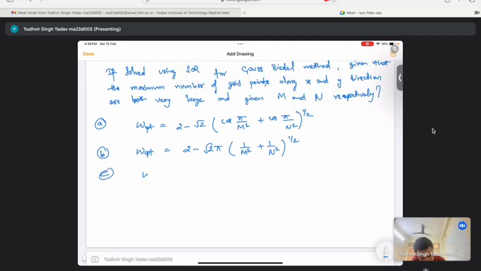Option C is omega opt equals 2 minus root 2 pi times 1 by m plus 1 by n to the power half.